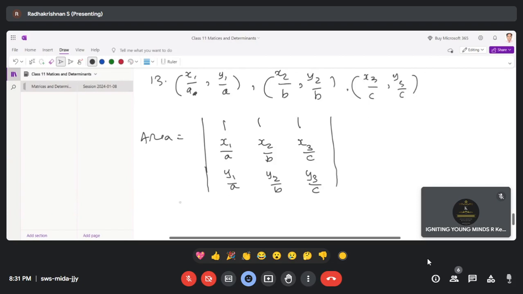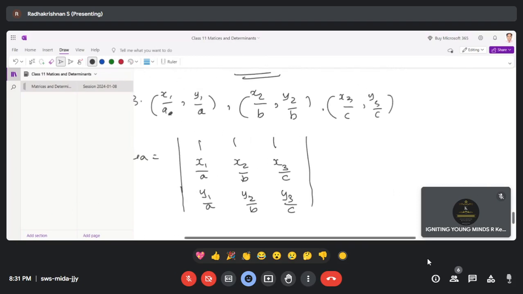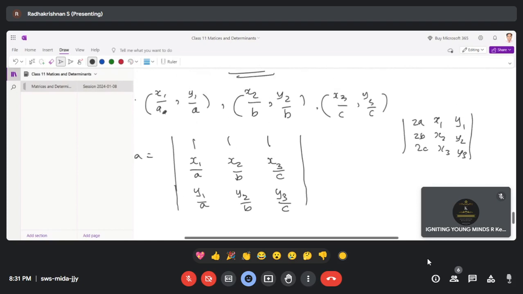What is the given determinant? So we can use some properties of determinants to bring this determinant to this form. It is given that this is equal to abc by 2.